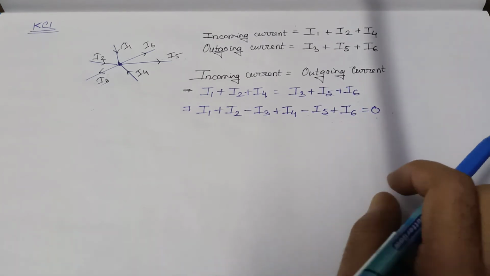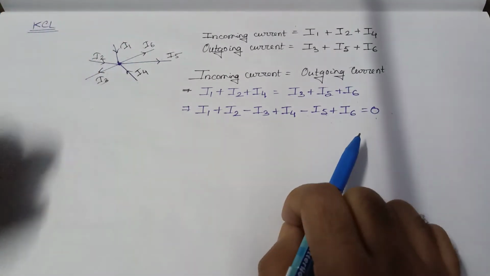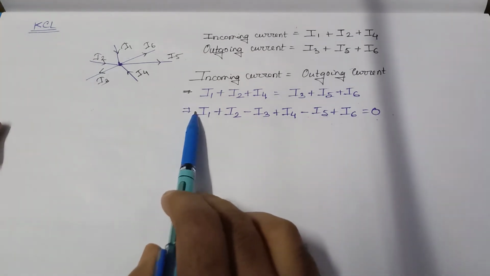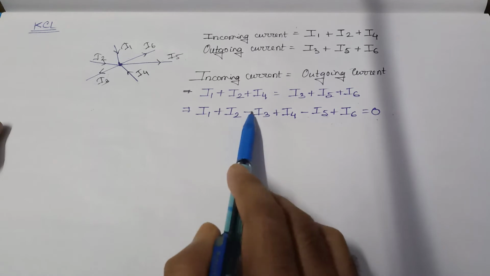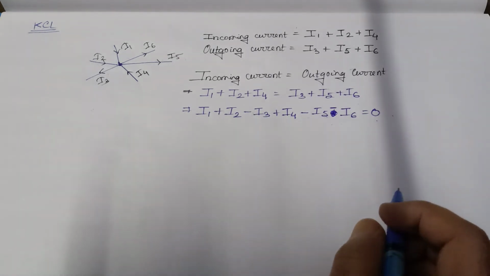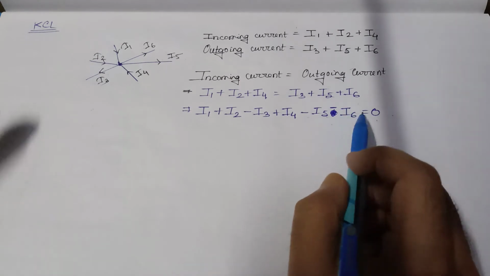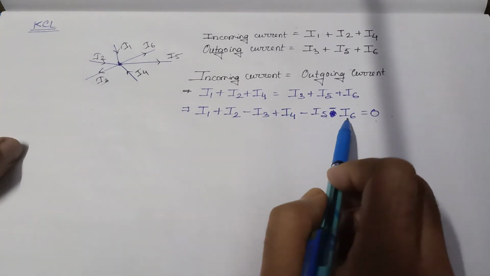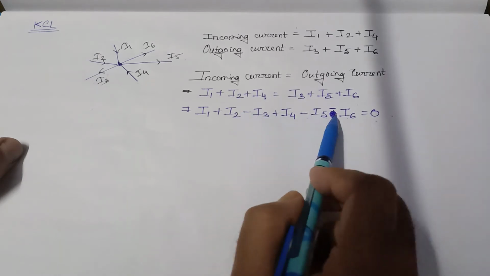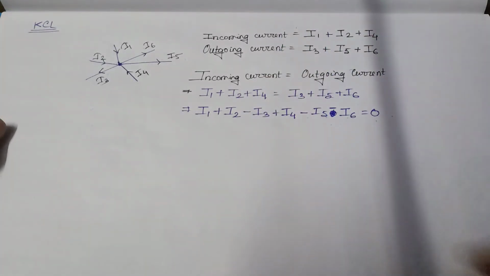Algebraic summation means we consider the direction of flow. Here we have considered the incoming currents to be positive and the outgoing currents to be negative. I3, I5 and I6 are outgoing currents, so we have considered them minus. From the equation only we can solve it.